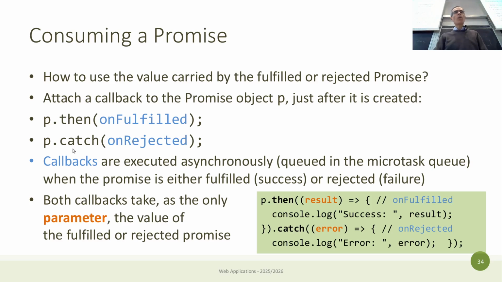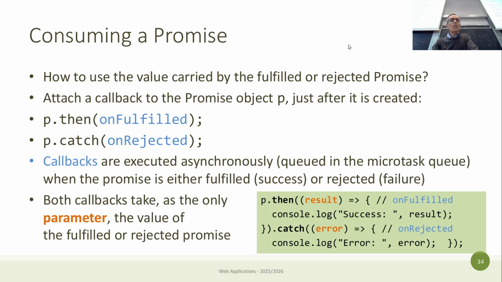Of course, you might want to attach some other code when the promise is rejected, so when you encountered an error. And the way to do it is using the catch method. These callbacks are executed asynchronously. So they are queued in the microtask queue, as we said before. That queue is like the callback queue, but with higher priority, when the promise is either fulfilled or rejected.